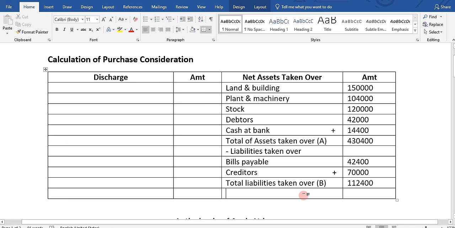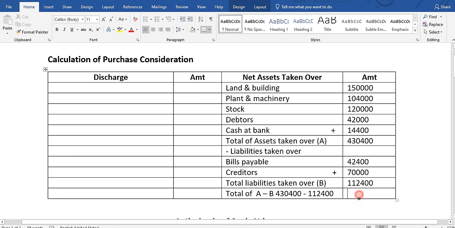Now to find purchase consideration, we have to less the total of A and total of B. That means total of assets, total of A minus total of B. That means 4,43,400 less 1,12,400.